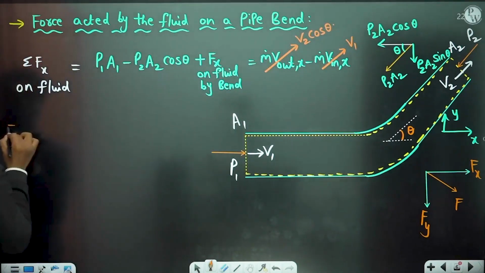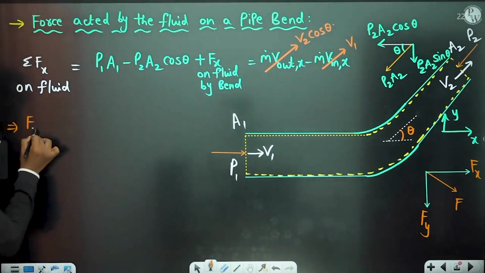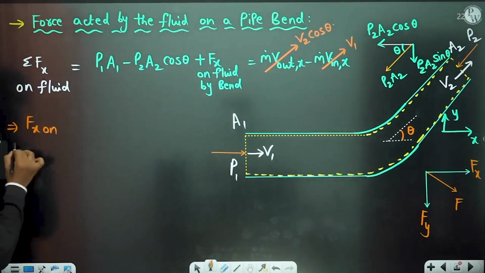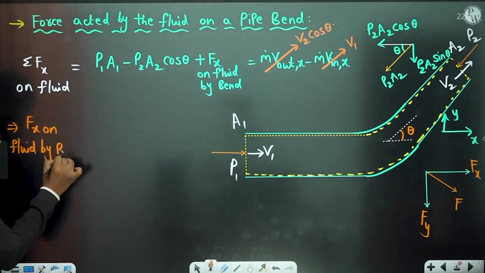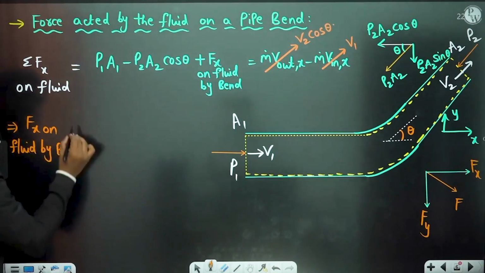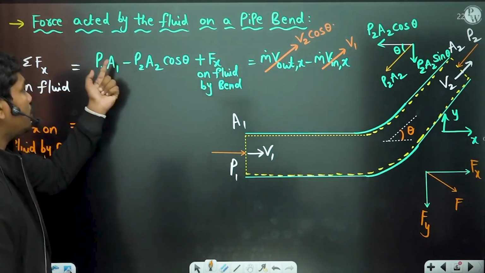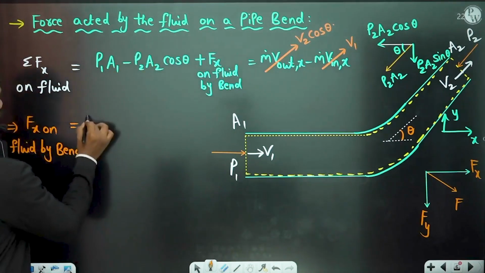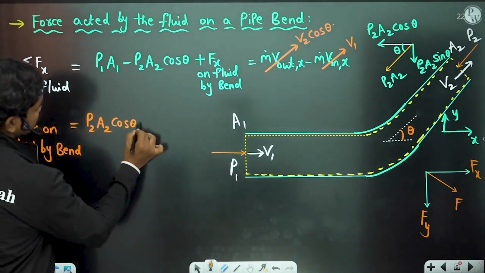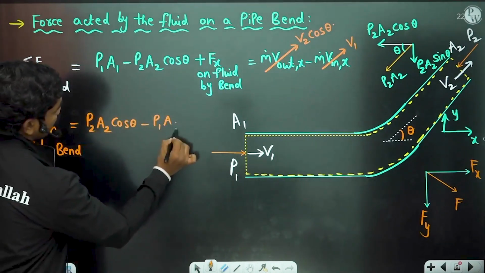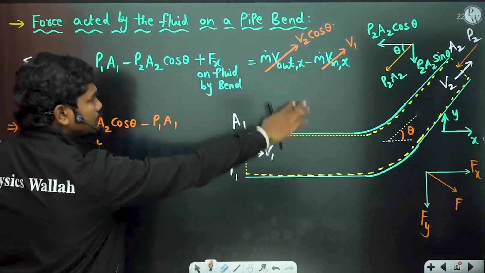So this implies Fx on fluid by bend is equal to, if you shift these terms to the other side, P2 A2 cos theta minus P1 A1 plus m dot times, m dot is common, so V2 cos theta minus V1.